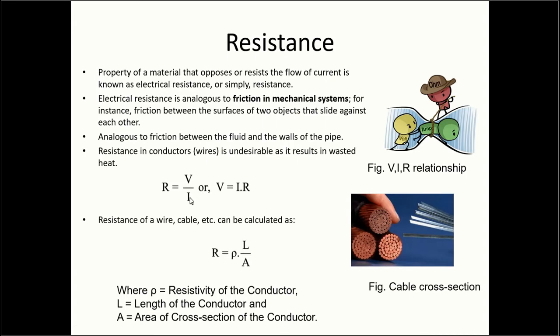And usually conductors will have lower resistance and allow the flow of current through them. Alright, so resistance is a property of a material that opposes or resists the flow of current. Here, this is a good example, right? A cartoon which shows you volts trying to push amps, but ohms is resisting the flow of amps through the conductor or a cable, right? So ohms, or resistance, ohms is the unit for resistance.